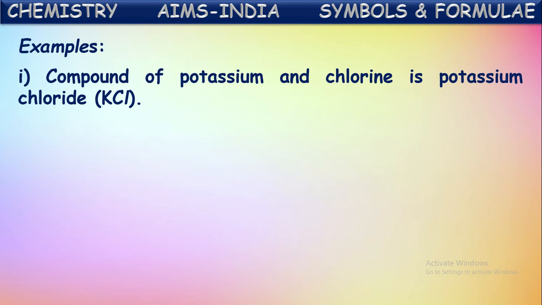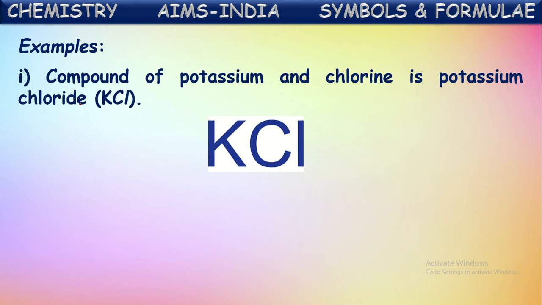The compound formed between potassium and chlorine is KCl. Now in this, the metallic element is potassium, and the non-metallic element is chlorine. First we name the metal, that is potassium. Next the non-metallic element's name continues, that is chlorine.